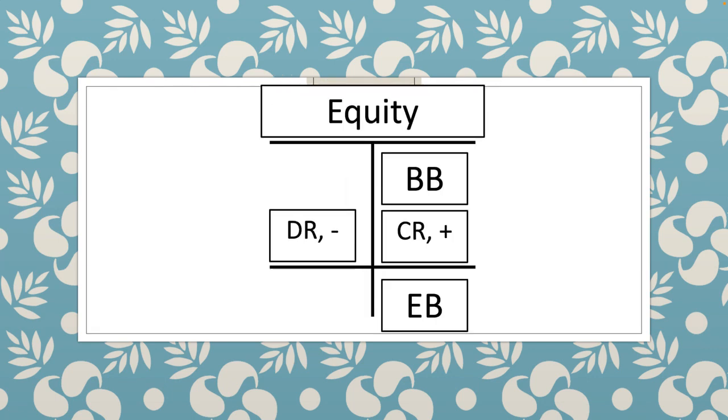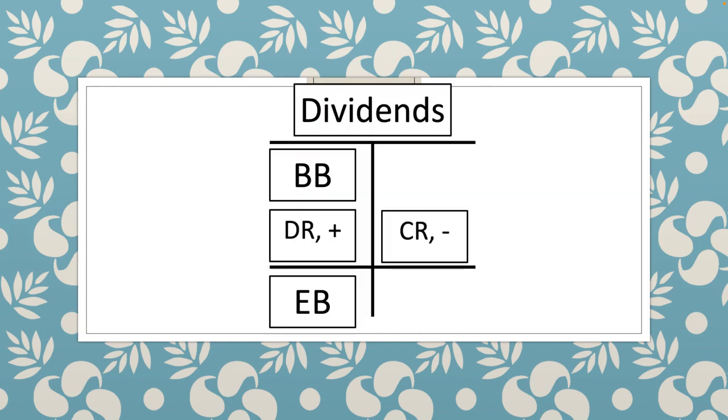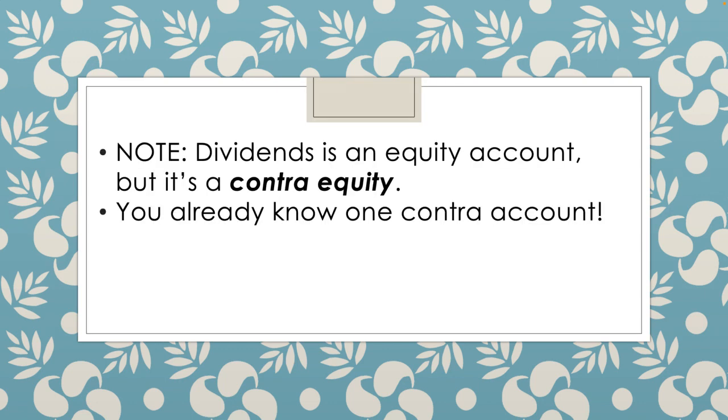Most equity accounts look like this with the balance on the credit side. Dividends is an equity account where the balance is on the debit side. So you already know one contra account, and this is dividends, which is a contra equity account. It's an equity account, but because the balance is on the opposite side of an equity account, then I call it a contra equity account.